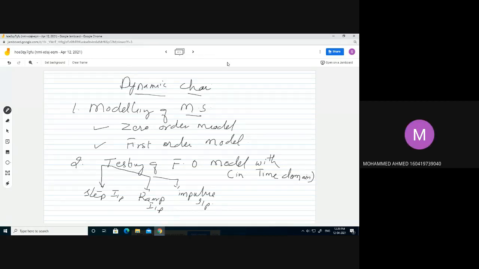No problem. I will cover this in the next slide. But as I am giving you the structure of the course, please take it. Here in this slide, take the information as testing of the first order model with these three excitations, done in time domain. We'll discuss time domain in the next slide.